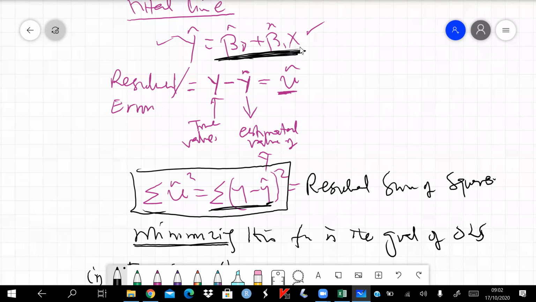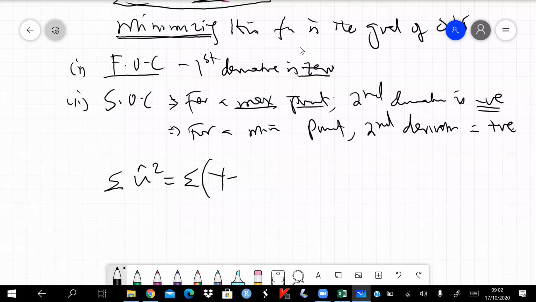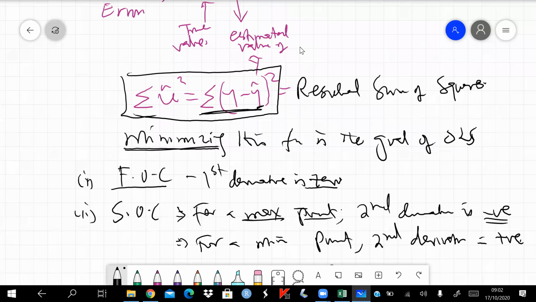So I end up with y minus beta naught estimate minus beta1 estimate of x, then I close brackets and square. So this statement is just similar to this.